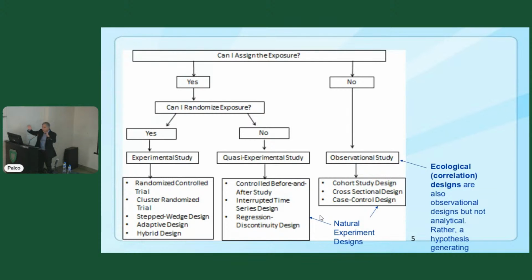So again, just to remind you of the general perspective on study design, you have this grand scheme that you can design based on whether we assign exposure or not. If the scientist, you and me, assign exposure to a treatment, an intervention, or a risk factor to groups, we are on the so-called experimental side of things. If you do not assign, you are on the observational side, meaning you're observing things already happening.